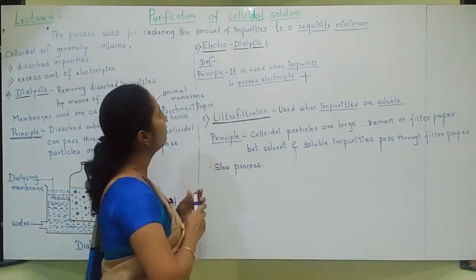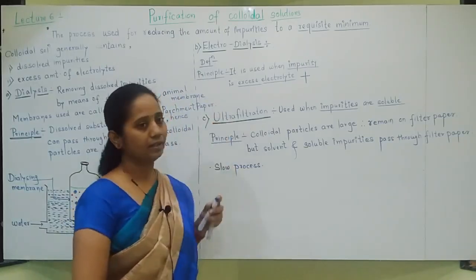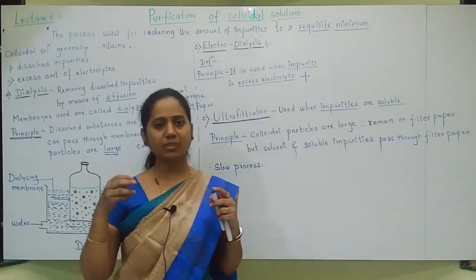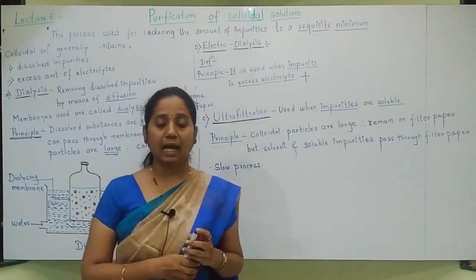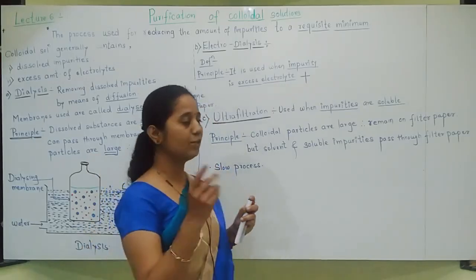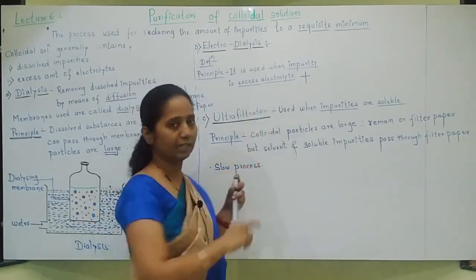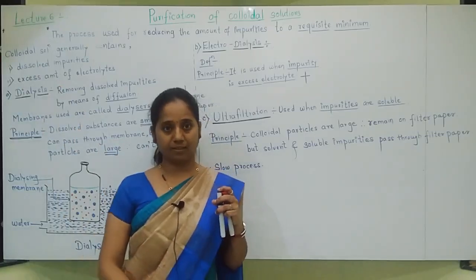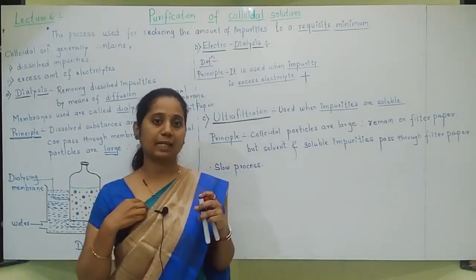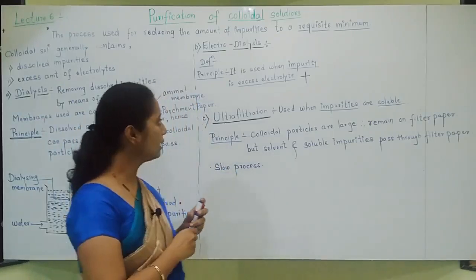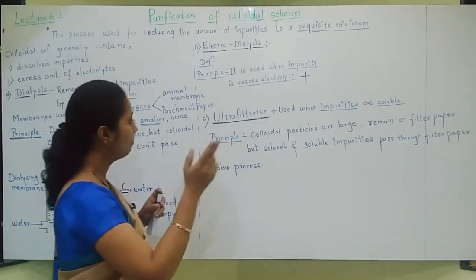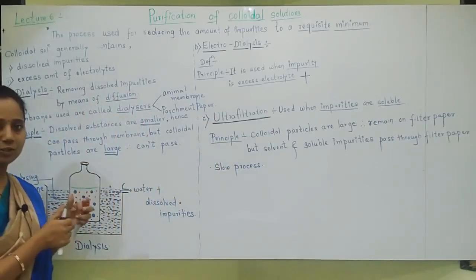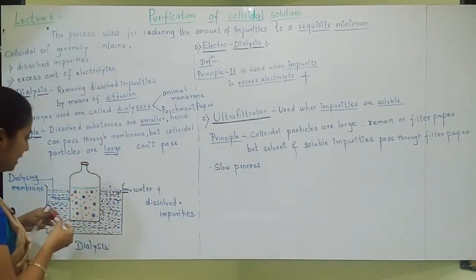Next, of course, the principle of electrodialysis: when is it used? Here we have seen that dialysis is used to remove dissolved impurities, and electrodialysis is generally used for removing excess of electrolyte. If there is excess electrolyte, it is removed by electrodialysis. Students, I have not drawn the diagram here, but I will tell you. What is extra in electrodialysis? An electric field is applied.